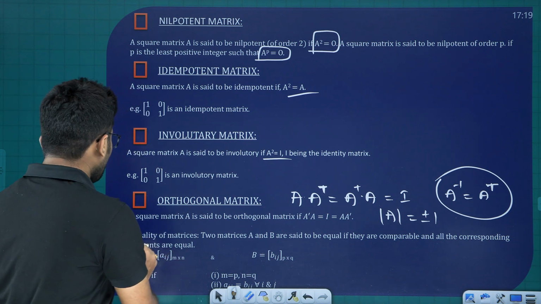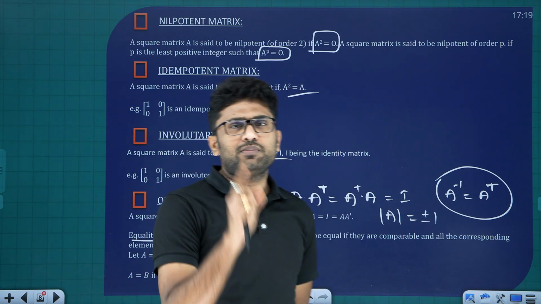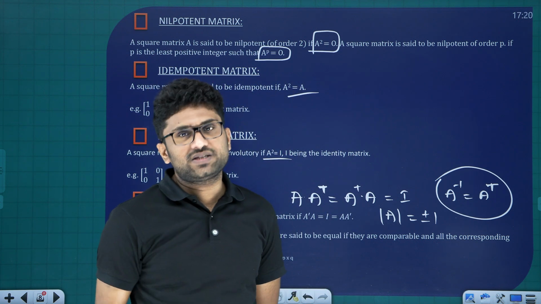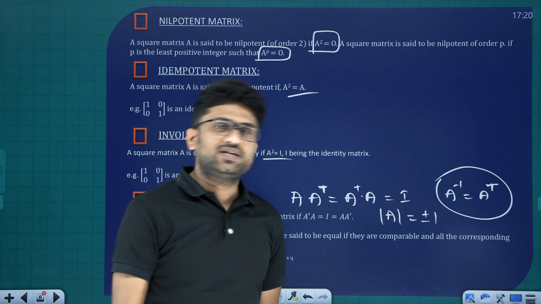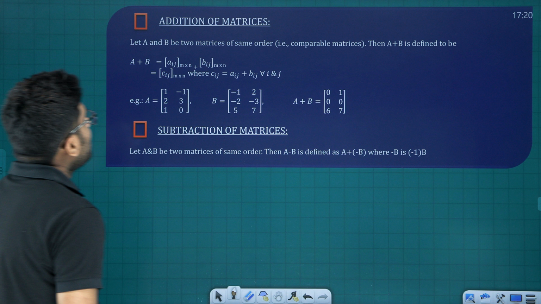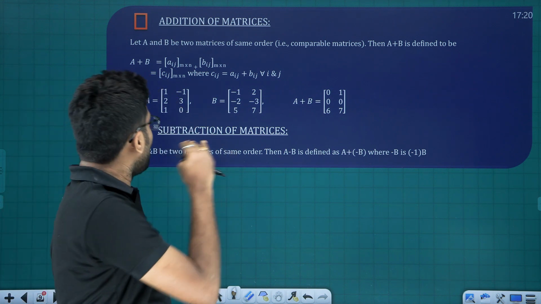Next, equality of matrices. Two matrices are said to be equal if, number 1, their order is the same, and number 2, all the corresponding elements are the same. If these two conditions are satisfied, then we say two matrices are equal. Addition of two matrices, or even subtraction.